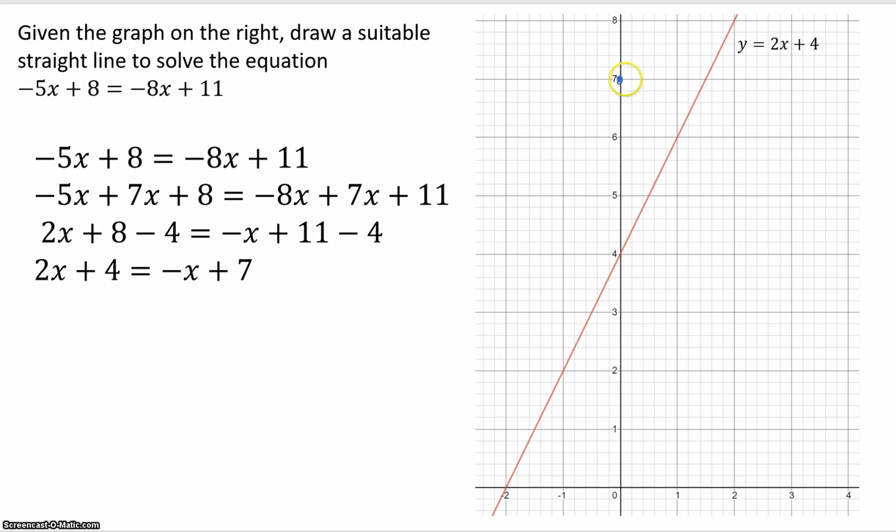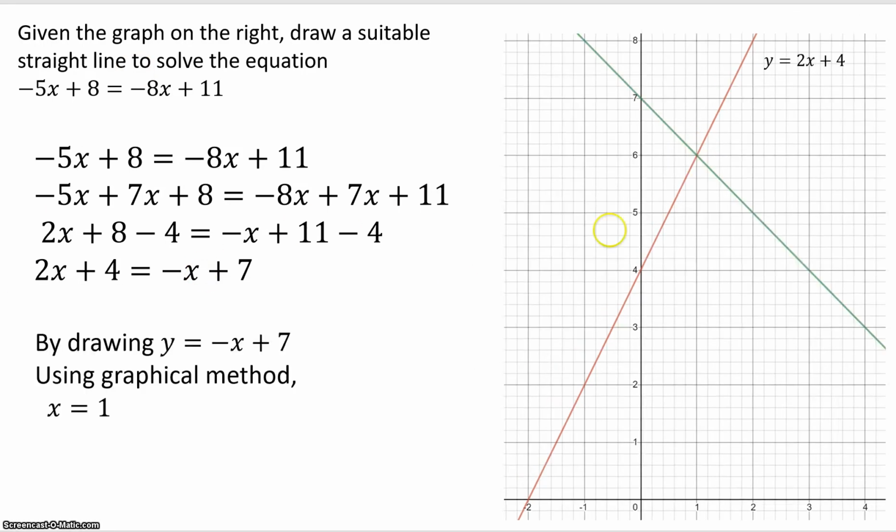So from here, 1, negative 1. So this is the other point. And then I'm going to join the two dots, and I'm going to get something like this. So with this, the two graphs intersect here, and that's why the answer will be x equal to 1.